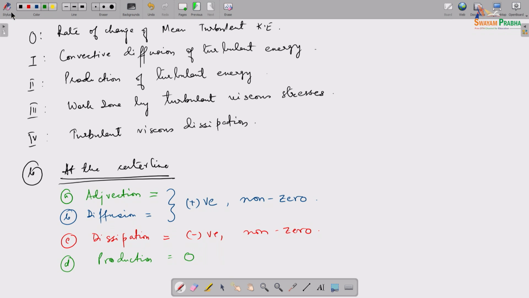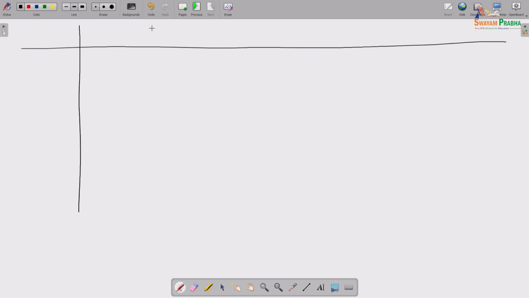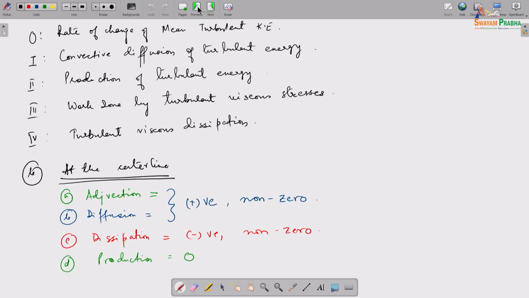We might as well even make a chart out of this, okay? So why don't we do that? Let's make a chart. We had advection, diffusion, dissipation, production.